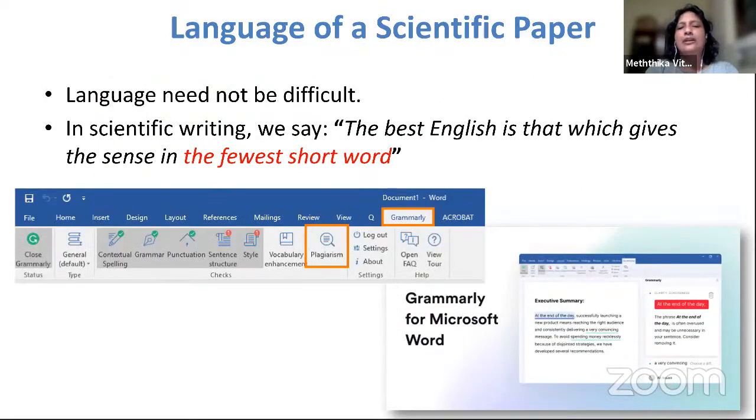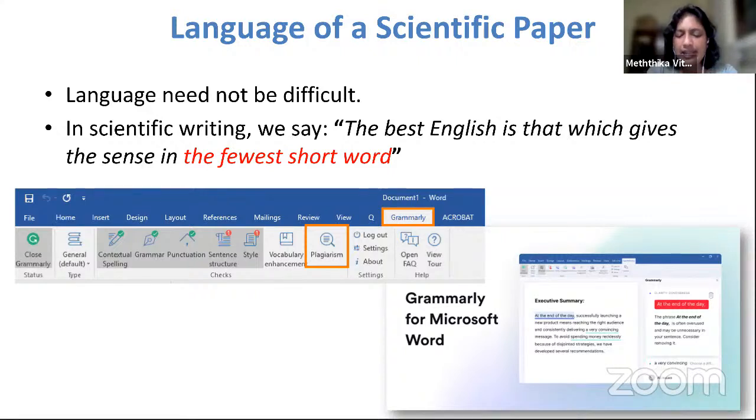Language, you may think it is difficult because it is written in English. You might think my English is not good for writing a scientific research paper, but that is wrong, right? When you read a lot of papers for your literature review, you will understand the structure of the sentences.